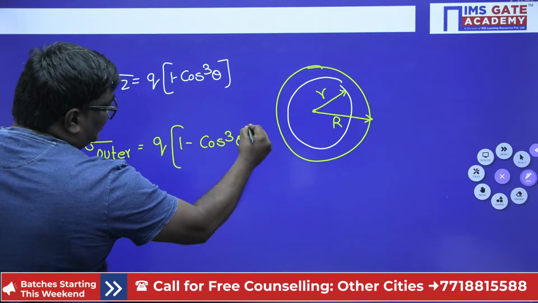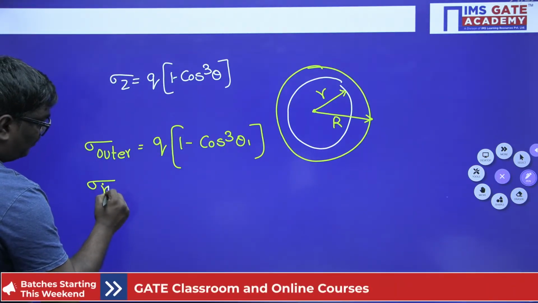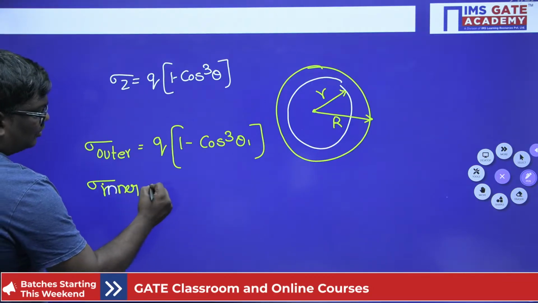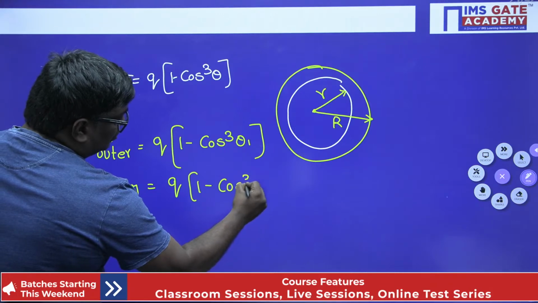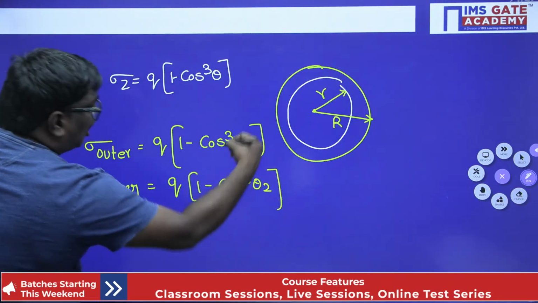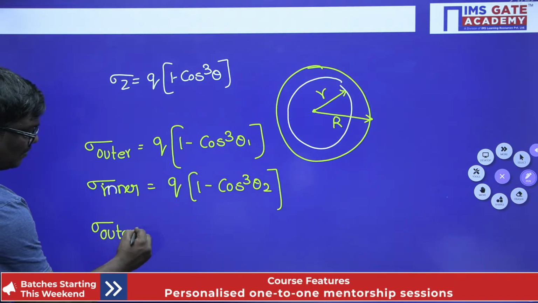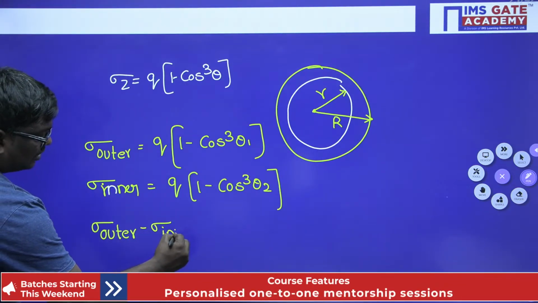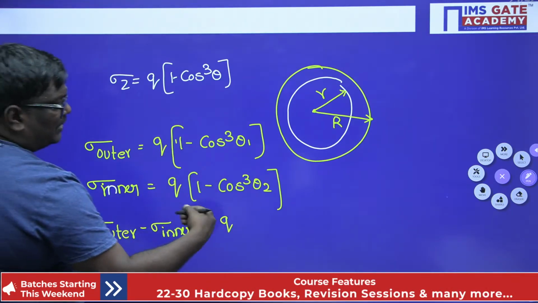From the principle of superposition, you can write sigma of outer ring and sigma of inner ring, Q into 1 minus cos cube theta 2. So for a ring, stress of outer minus stress of inner ring gives you the vertical stress distribution.